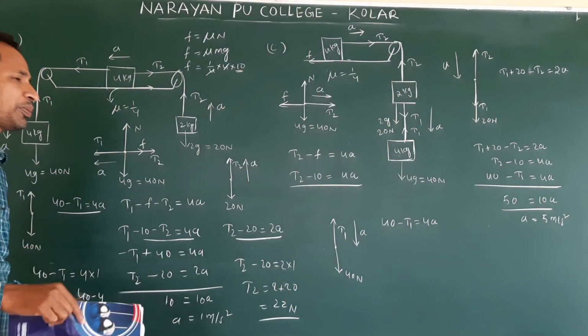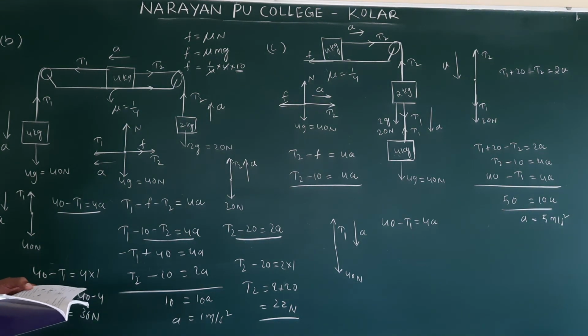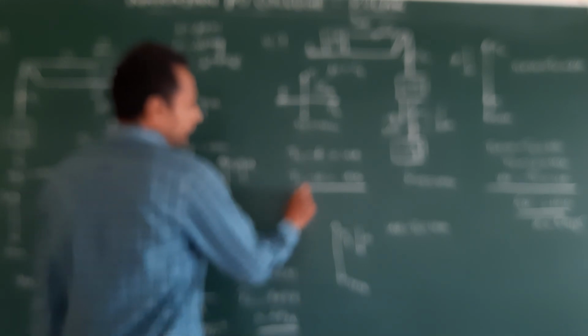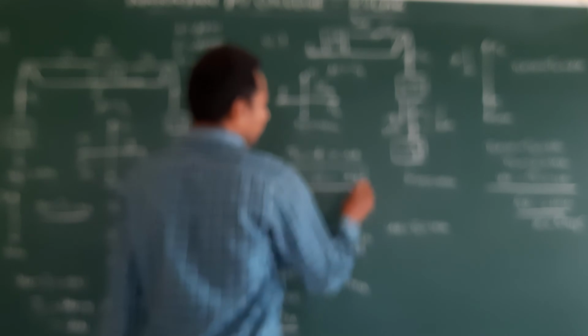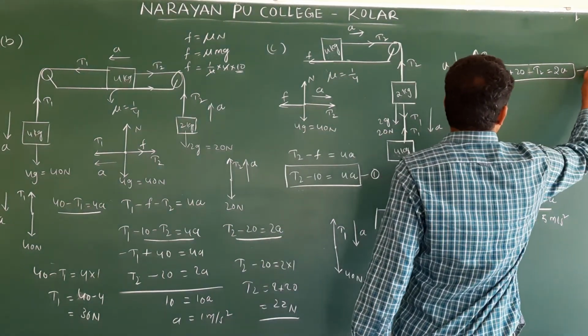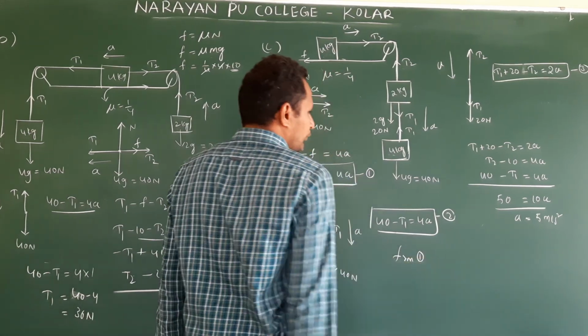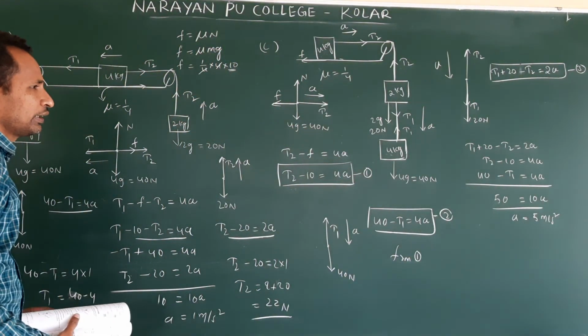Okay, that A value is substituted in the equations, so the acceleration is 5 meter per second square. Now this A value substituted here, we will get T1. This A value substituted here, we will get T2. Okay, from equation 1, what I am doing?